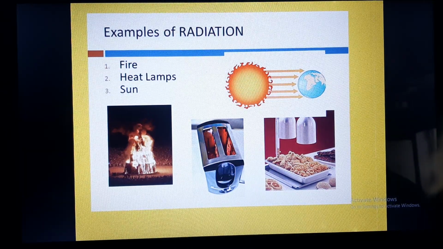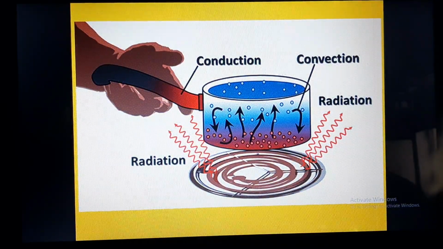Fire, heat lamps, cooking through sun, or the solar energy which is reaching the earth from the sun is the kind of heat transfer which is occurring through the process of radiation, because the sun is a hotter body and the earth is a colder body. So heat is transferring from sun to earth through the process of radiation.